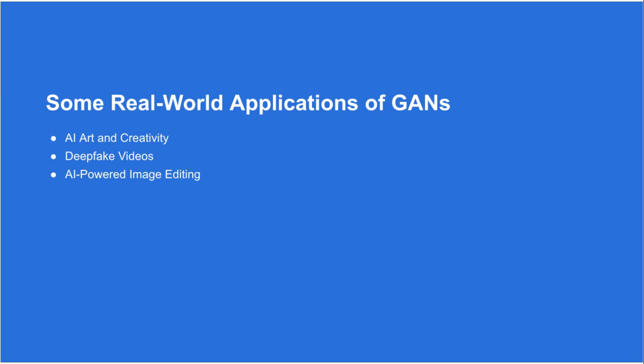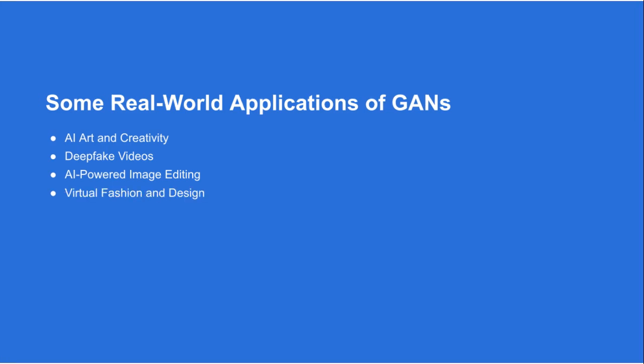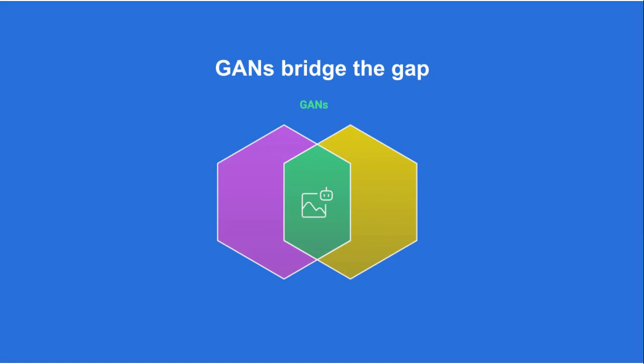Tools like AI upscalers enhance blurry images into high-resolution photos. 4. Virtual fashion and design. AI can create new clothing designs, furniture models, and 3D objects. 5. Medical research. GANs help generate realistic medical images to train doctors and AI models. GANs bridge the gap between artificial intelligence and human creativity, making AI an incredible tool for artists, designers, and researchers.